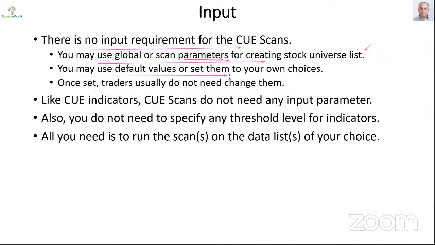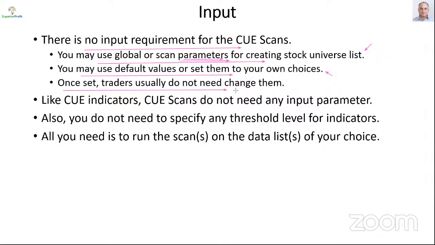You may use the default values that come with Q Global, Q Elite, or you may alter them. Once set, traders usually do not need to change them. Usually people never change them unless your trading style has changed. Maybe your account size is getting bigger and bigger, then you may change your liquidity requirements.